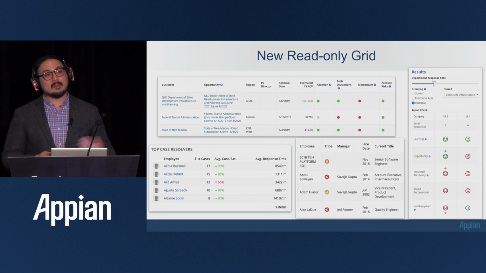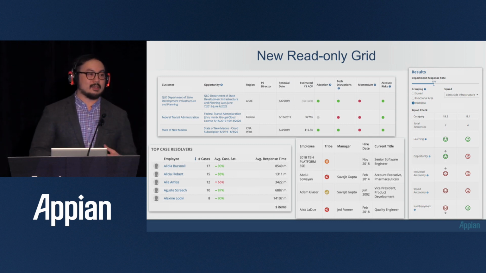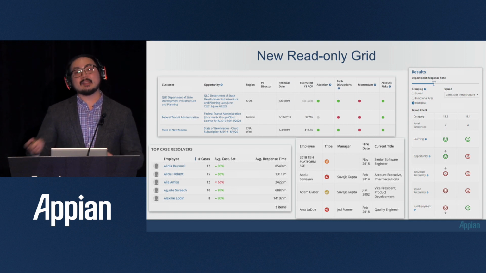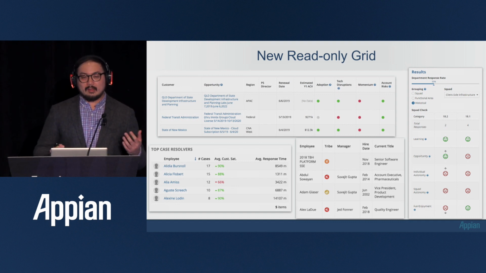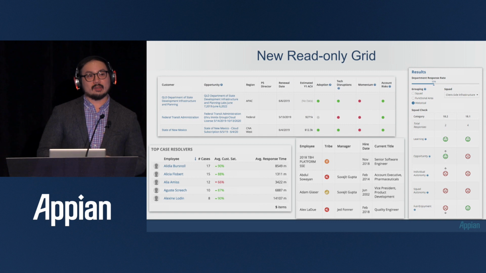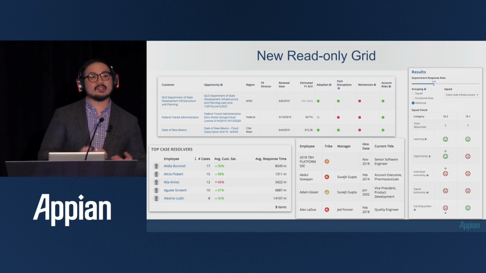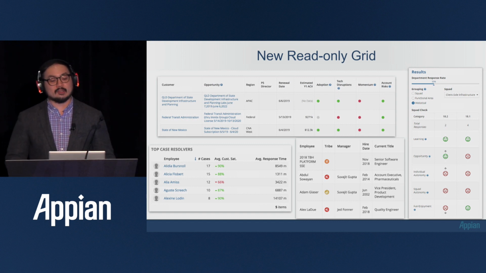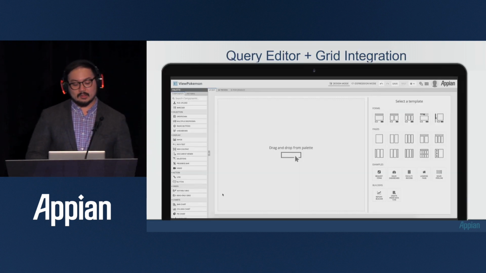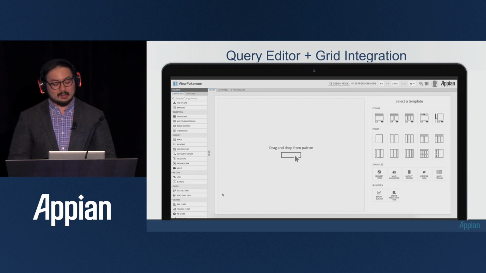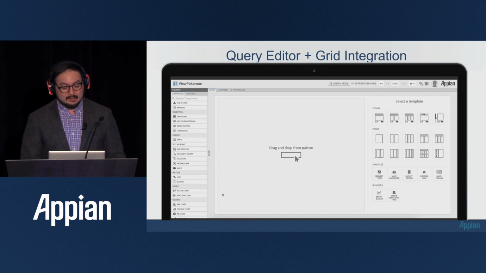So with that combination, you can now get the data that you want and then display it in an even simpler way. Those two in combination with each other are great, but together it's not just an additive bonus. It's really an exponential improvement. I'll show you that in the next slide. So with the query editor and the new grid, you can get something like this.